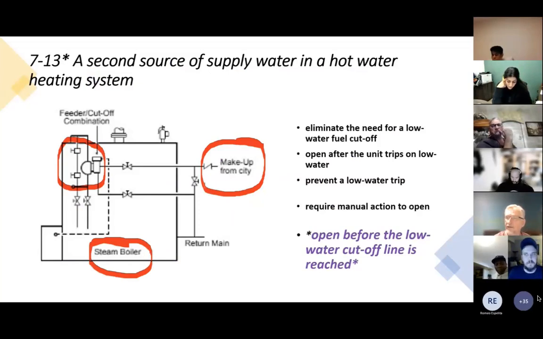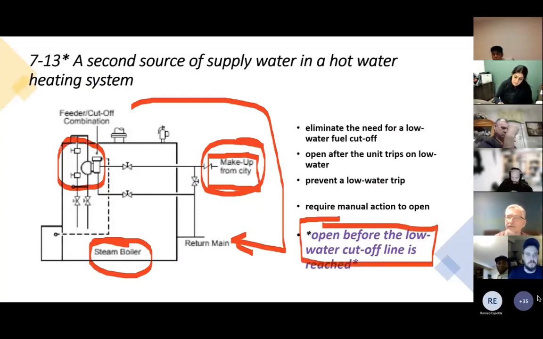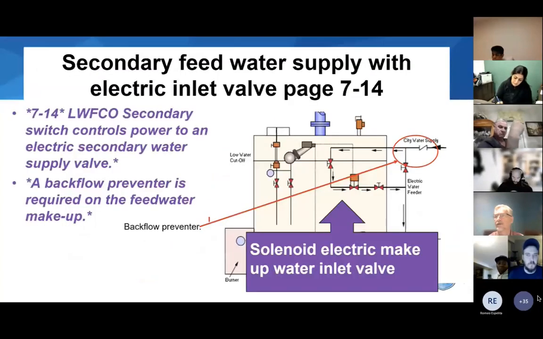Occasionally we're going to need, normally we get enough condensate coming back. Occasionally we're going to have a need for makeup water to open up. More of an emergency situation, and it needs to open before we shut down the burner.